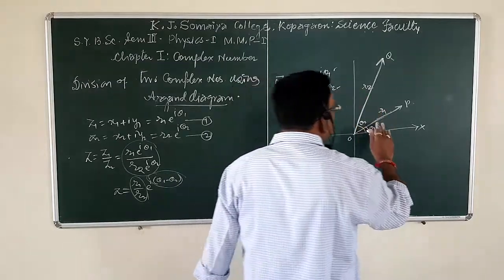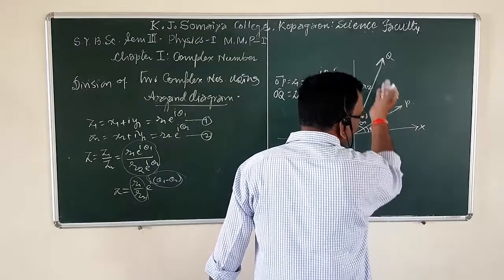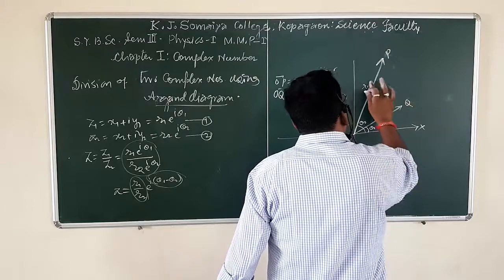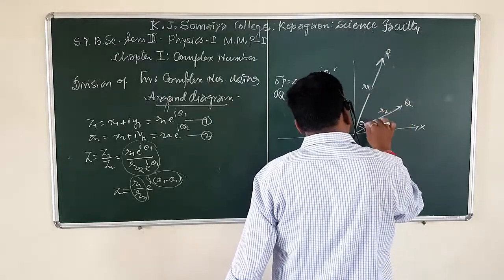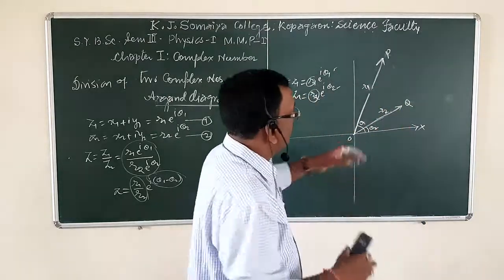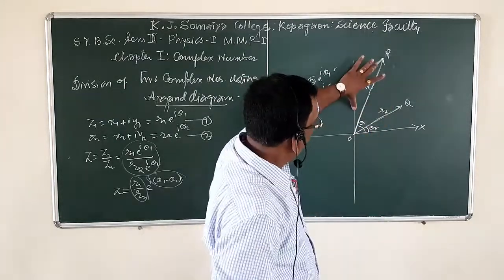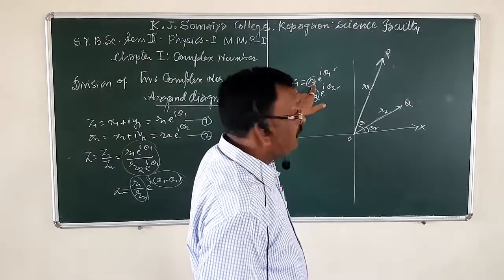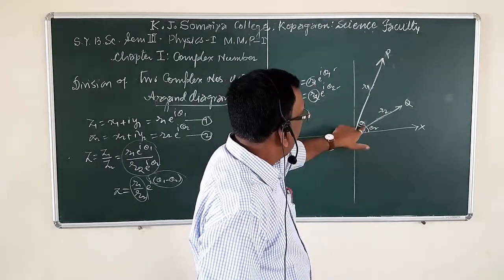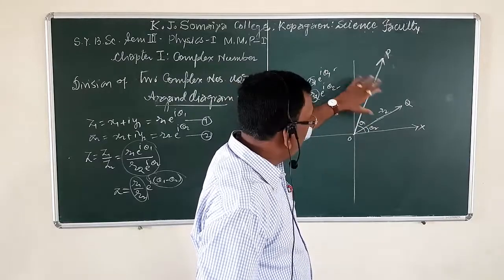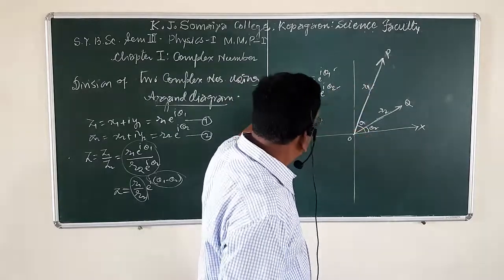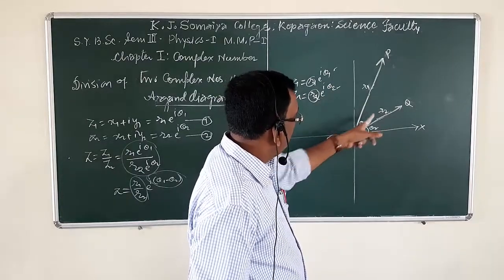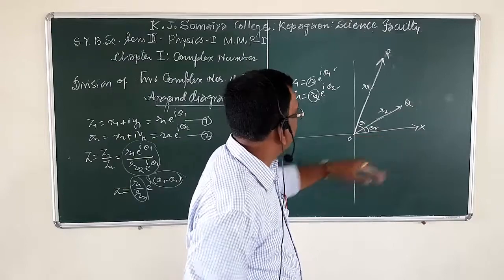Or we can say that we can interchange these two vectors. Suppose this is vector P and this is vector Q. Again, for simplification, vector OP represents the first complex number whose modulus is r1 and the angle made by this position vector with the x axis is theta 1, and this is the second vector OQ whose modulus is r2 and this position vector makes an angle theta 2 with the x axis.